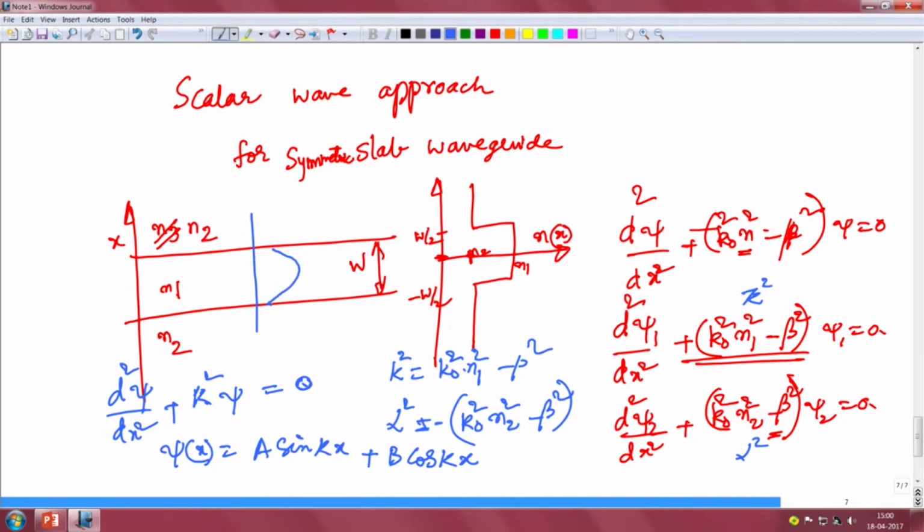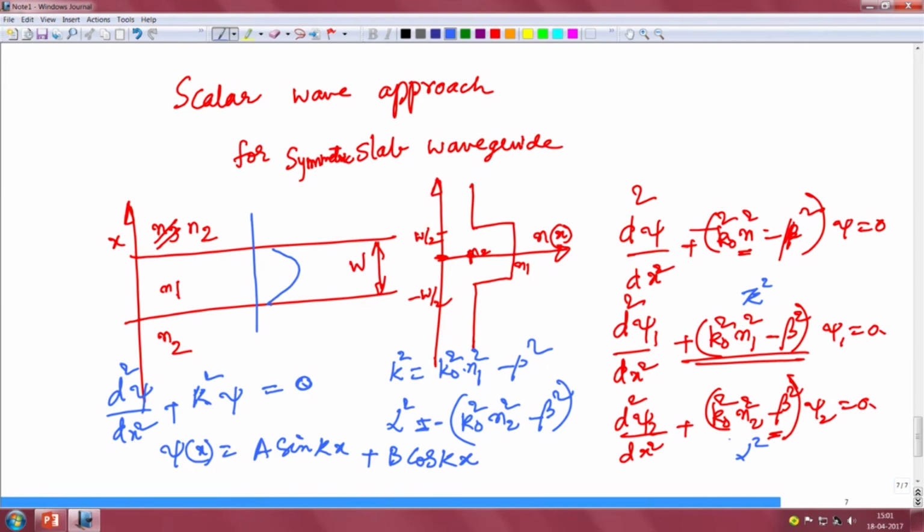We can write similarly the typical solution for the cladding region, and we see that instead of k there is an alpha. If alpha is positive then we can expect an oscillating solution inside the core and cladding also.